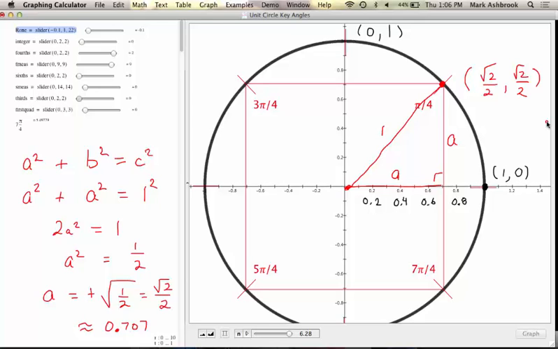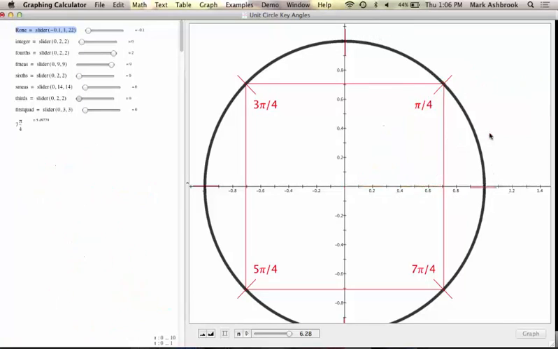Okay, so now what about the other? So then we have 2 more angles in this first quadrant that we can take a look at here. So let's go to those.